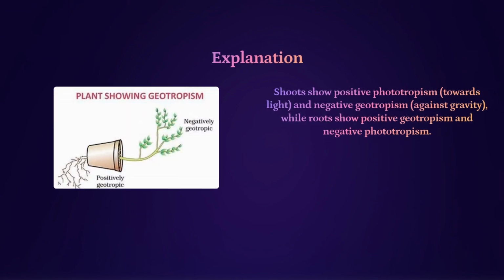So shoots show positive phototropism, that is they move towards light, and negative geotropism against gravity. Whereas roots show positive geotropism and negative phototropism. This question has come in the board exam a number of times. Next question.